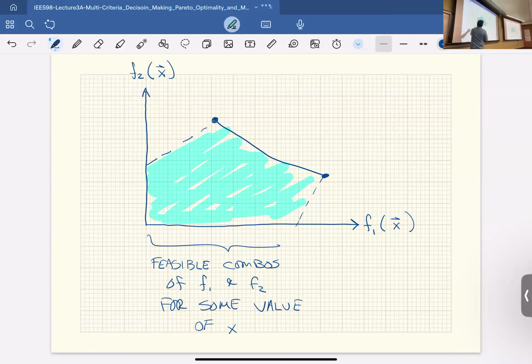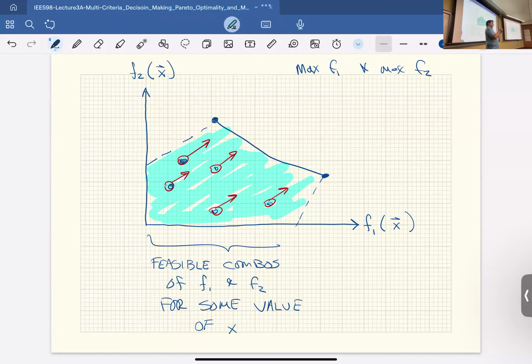So they're all feasible combinations of F1 and F2 for some value of X. So you can choose some X that lands you in this region. But from each one of these regions, if we're trying to maximize both F1 and F2, then the Pareto improvement direction is in this direction here.